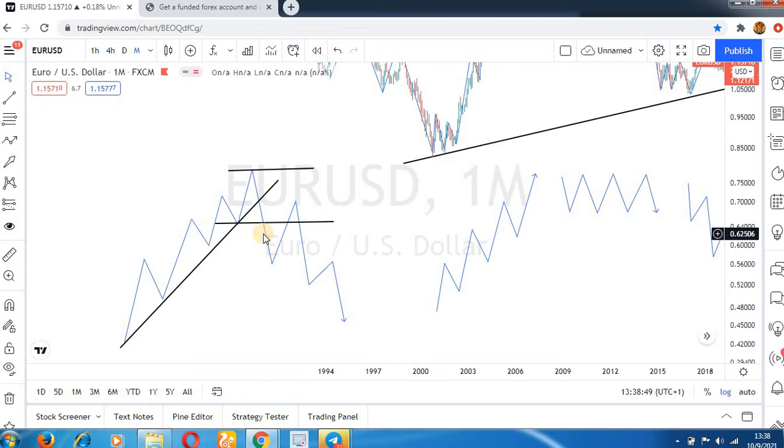Yeah, correct. It can only be a break of structure when there is a daily close below that level.